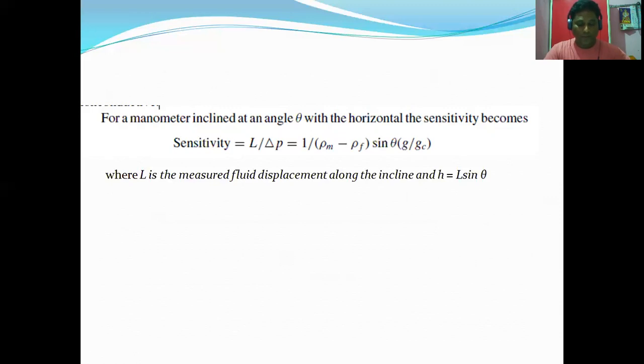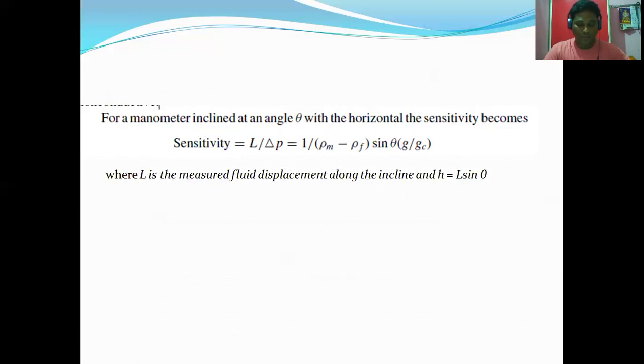Now consider the two-fluid manometer consisting of two reservoirs of diameter D connected by a U-tube of small diameter d.